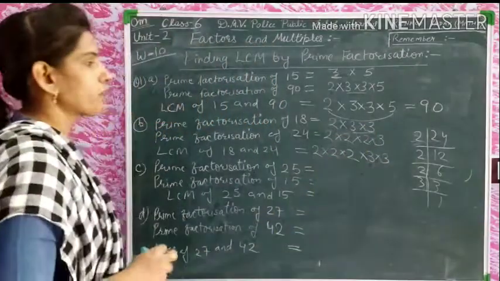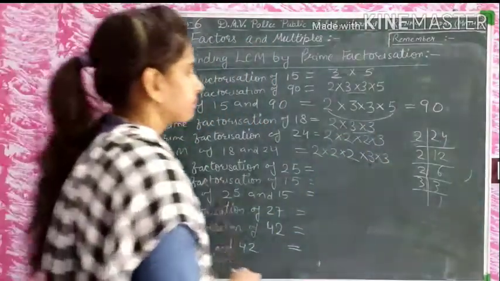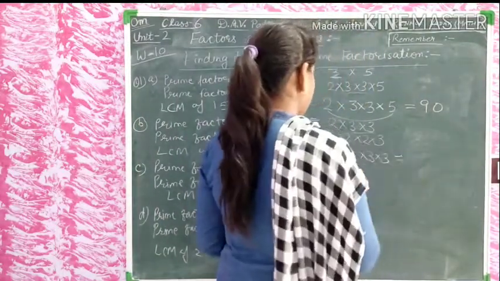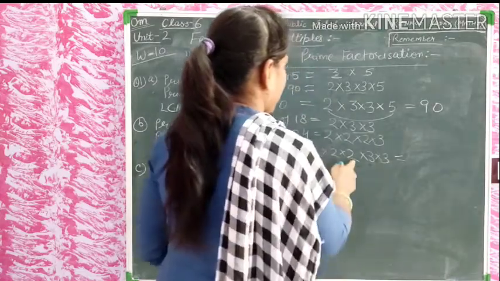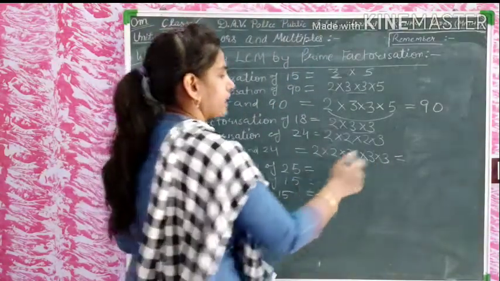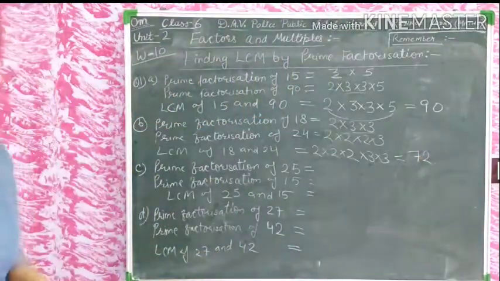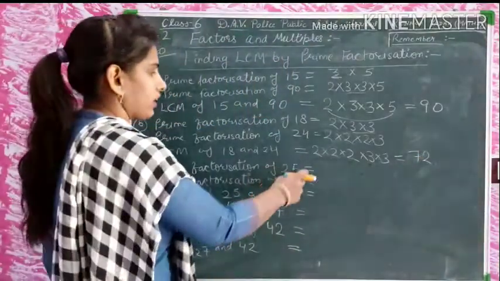So students, their LCM is multiplying all the prime factors: 8 into 3 into 3 is 9, 8 into 9 is 72.